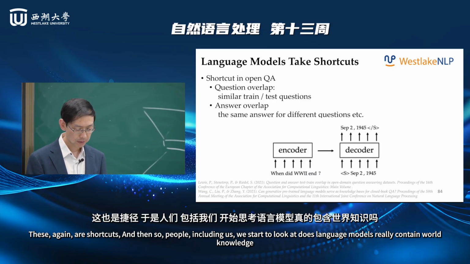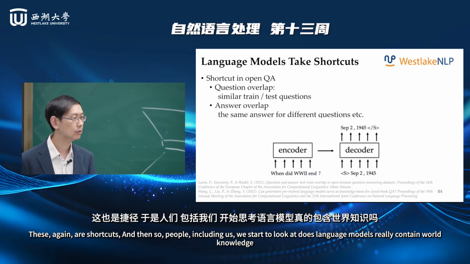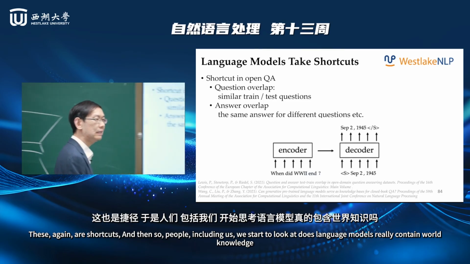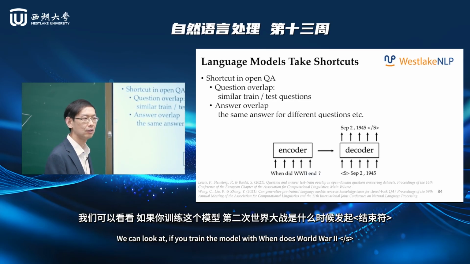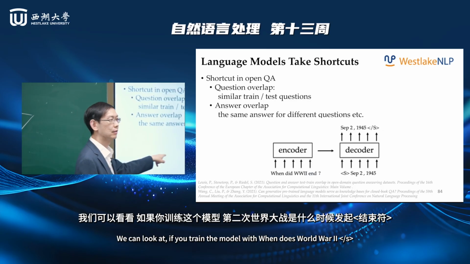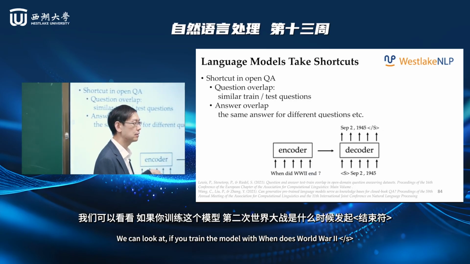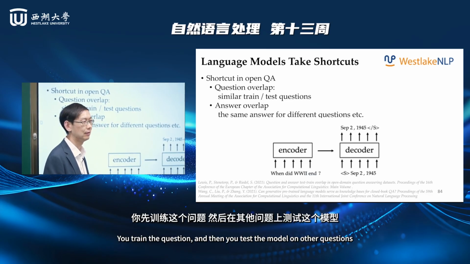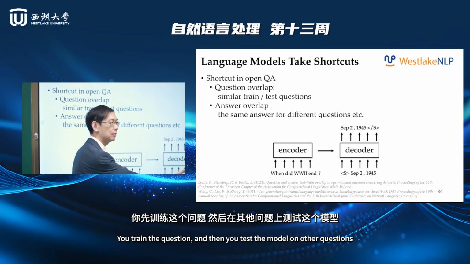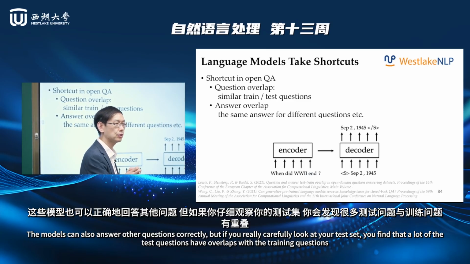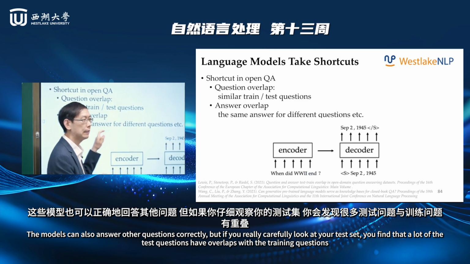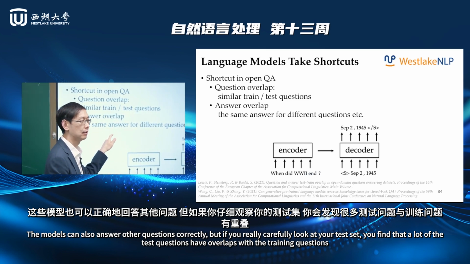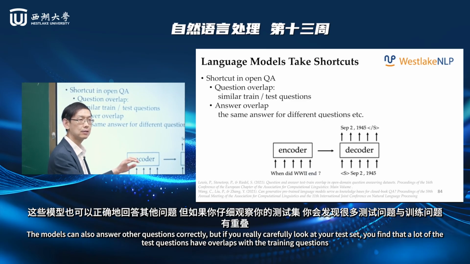And then people, including us, started to look at whether language models really contain world knowledge. We can look at, if you train the model with "when does World War II end," you train the question, and then you test the model on other questions. The models can also answer other questions correctly. But if you really carefully look at your test set, you'll find that a lot of the test questions have overlaps with the training questions.